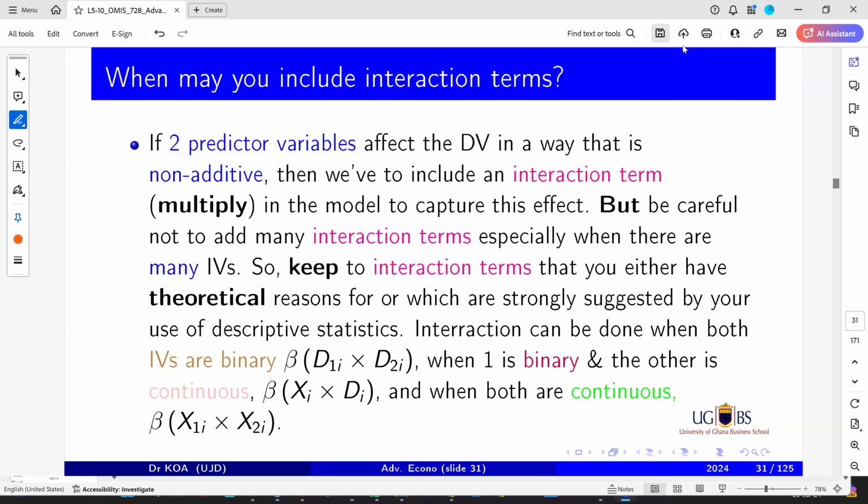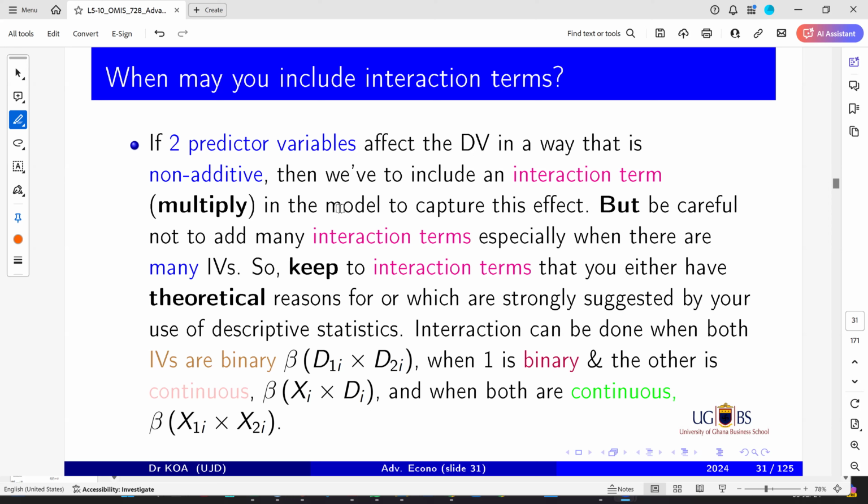They are both trying to affect the dependent variable in such a way that they are no longer additive but multiplicative. In the case where they are multiplicative rather than additive, we interact them.